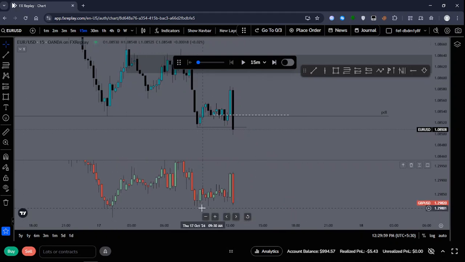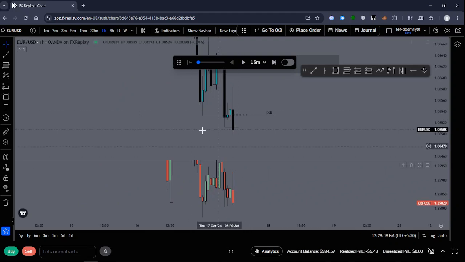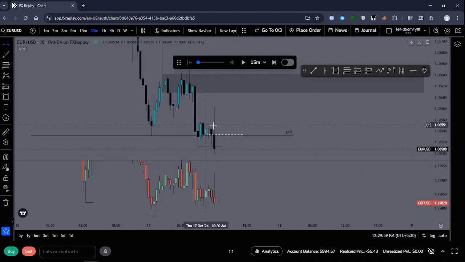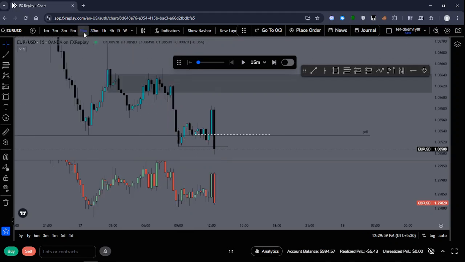Right now we're sweeping this low. Right now we're having that internal sweep going into the day. That 4-hour low, with the 15-minute high, what you can consider as a shifting structure and everything.